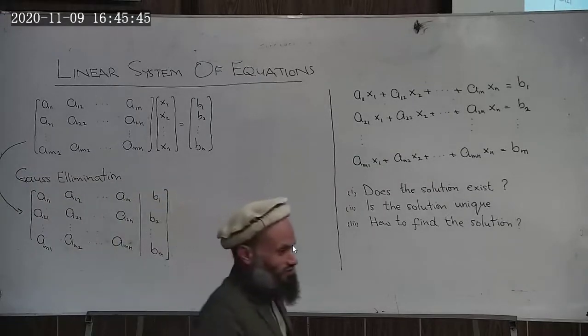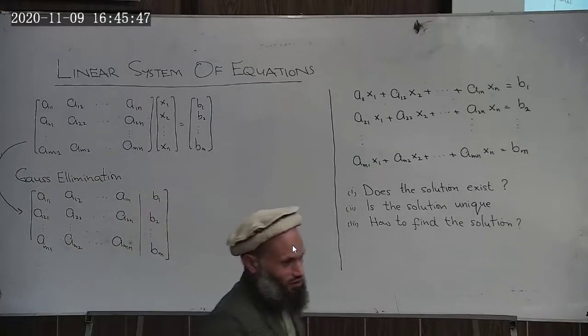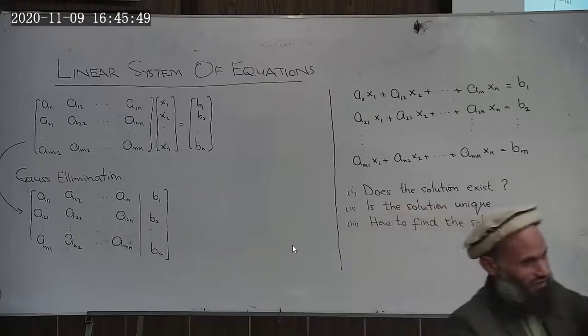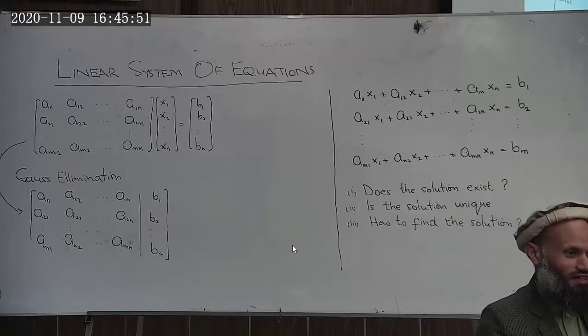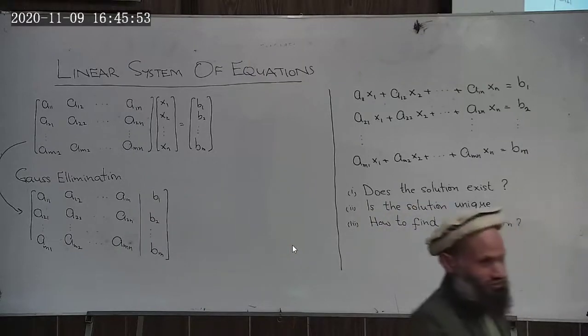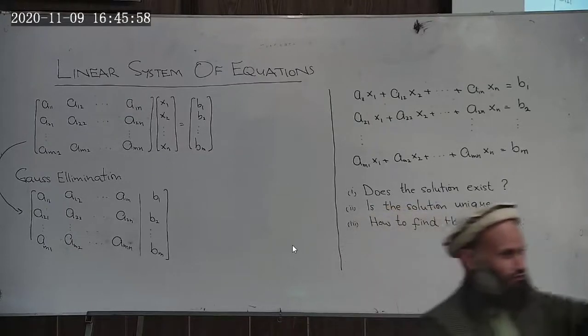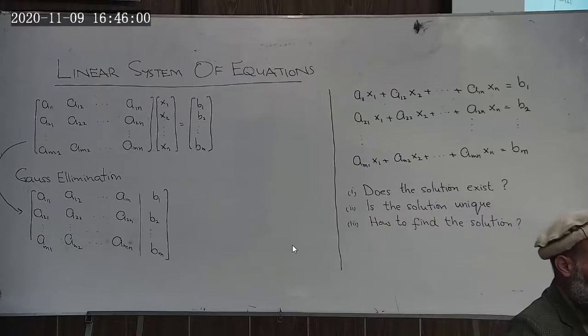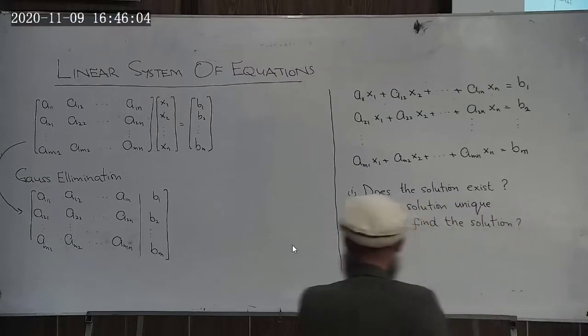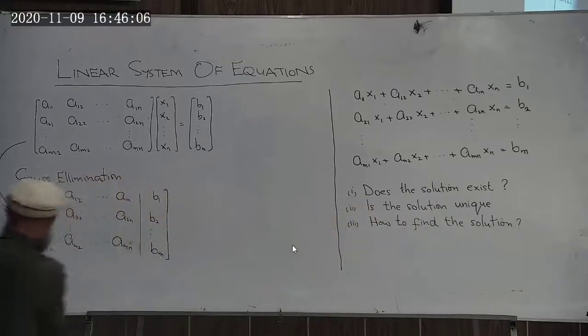Once we have this augmented matrix, we reduce it into triangular form. How do we reduce it into triangular form? We shall talk about it. But once we have triangular form, then we can obtain the solution by substitution.